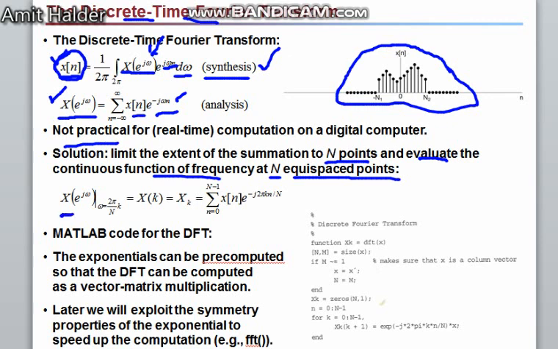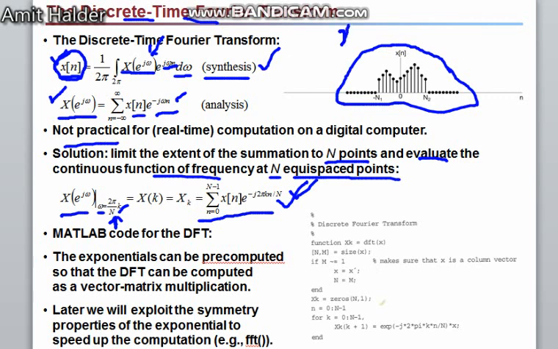So here you can see X of e to the power j omega, with omega equal to 2 pi by N times k, where N is the number of points that you want to calculate or sample, and that is the last formation of the equation of the limit type. You can say that is the discrete time.